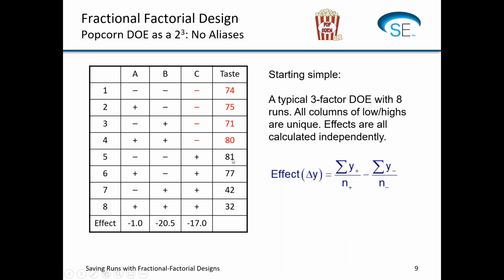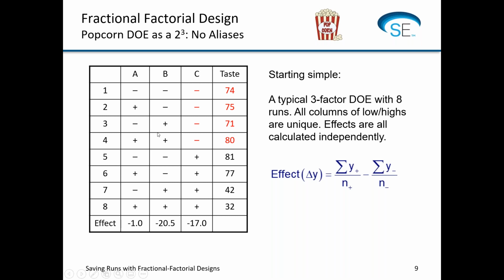And we take the average of those results. So that would be the first number. Then we find the average of the results where C is negative. So we average these, find that average, and then the effect is the difference between those 2 averages. So our effect is the change in the response when we go from the high level of C to the low level of C.